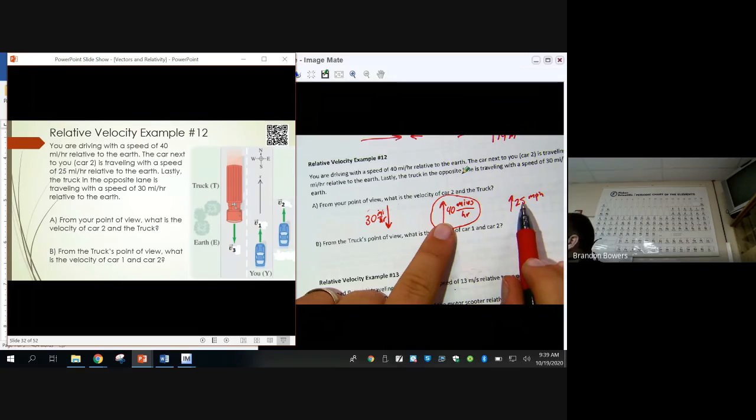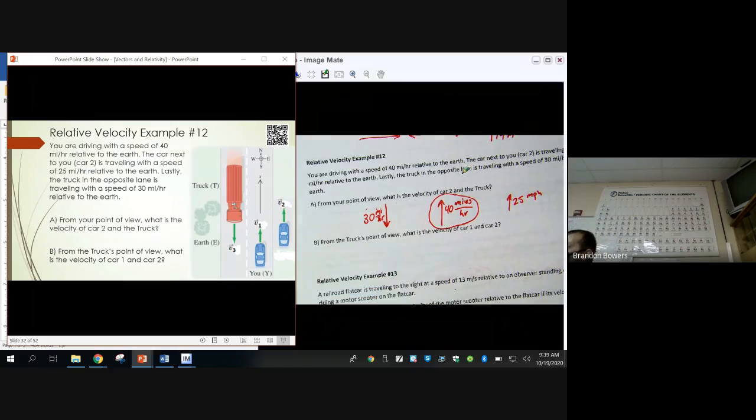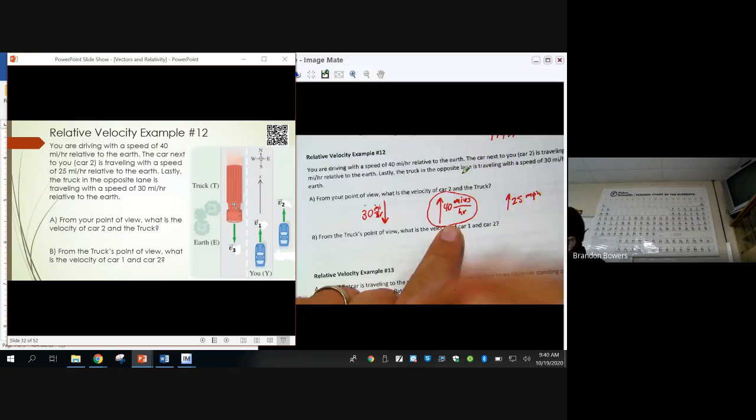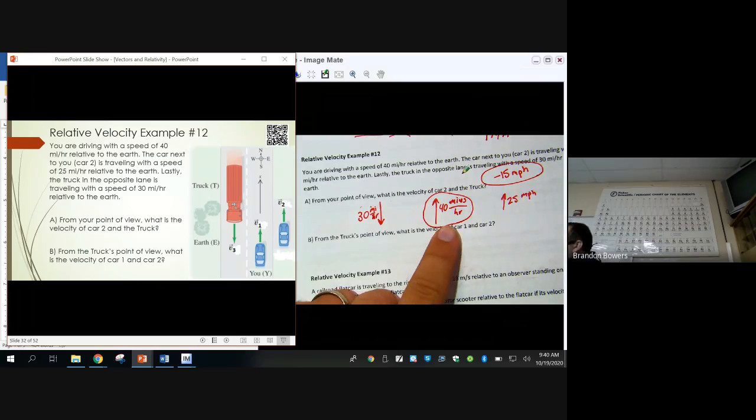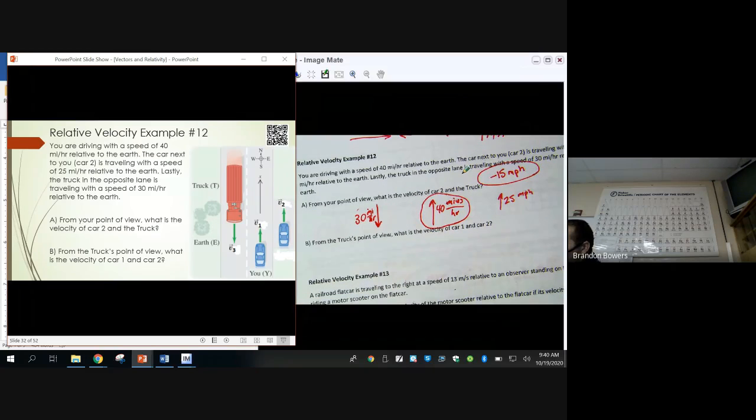It's going slower, kind of going behind me, which means it's going to be negative. What's the negative velocity of that car going to be? Negative 15 miles per hour, because it's going behind me. I'm passing it.